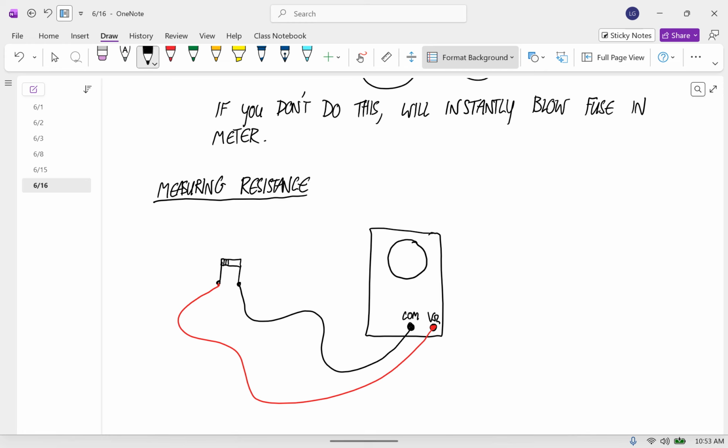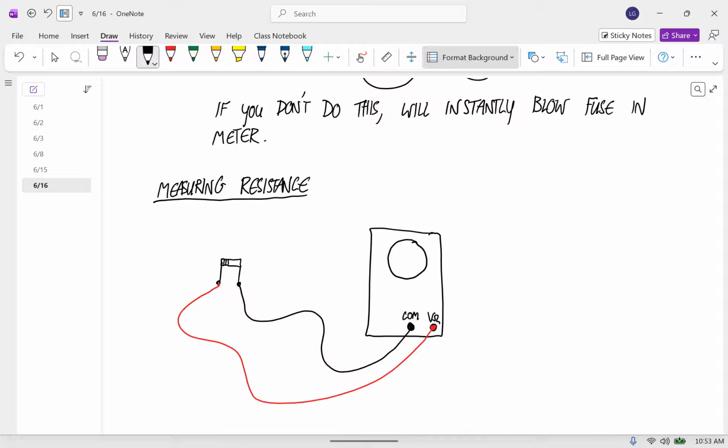Right now you still have the dial set to 0. Once you have it all in place, you want to rotate the dial somewhere in that ohms section on the lower right.